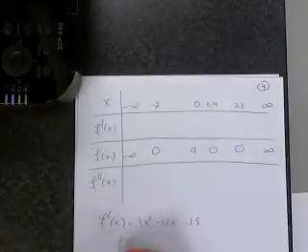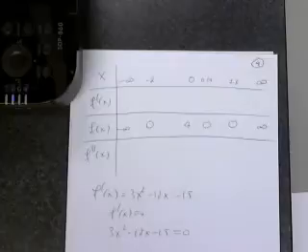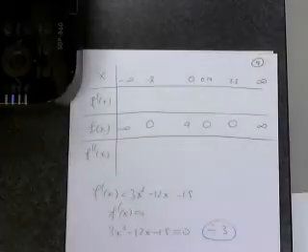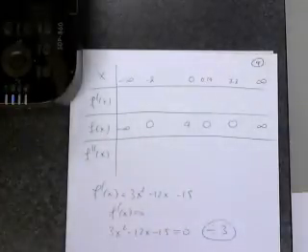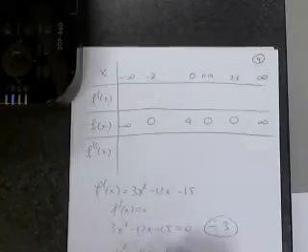You will write f prime of x is 0, which is 3x squared minus 12x minus 15 is 0. And what will you do first? Exactly. Thank you. Make your life easier. Divide both sides by 3. X squared minus 4x minus 5 equals 0.